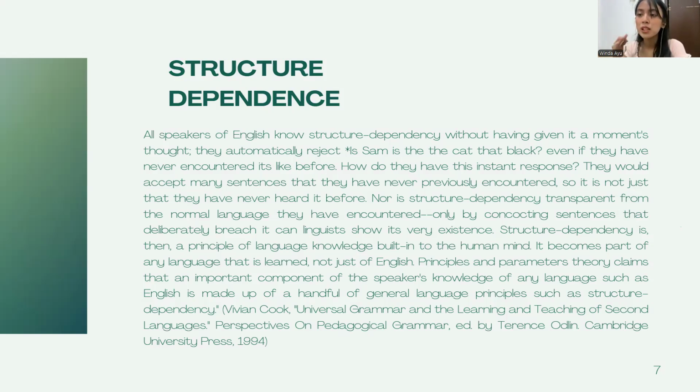Principles and parameters theory claims that an important component of the speaker's knowledge of any language, such as English, is made up of a handful of general language principles such as structure dependency.